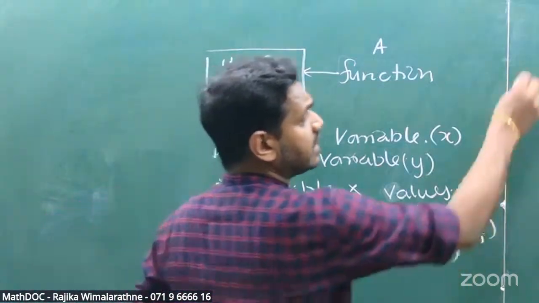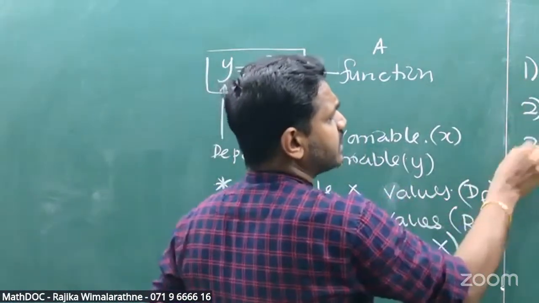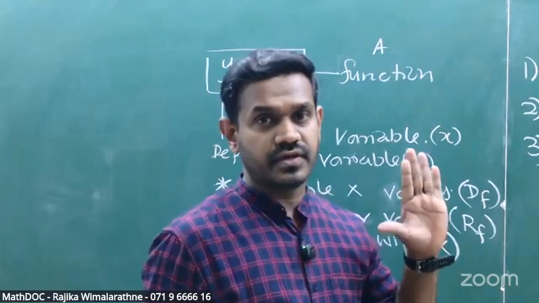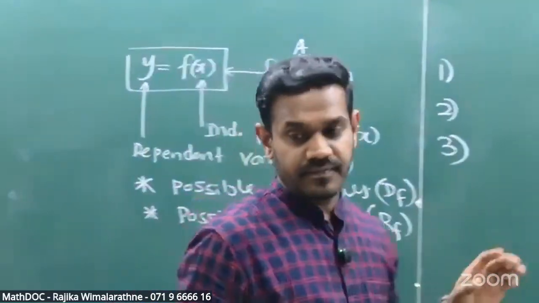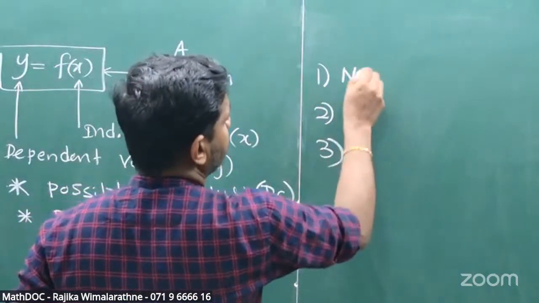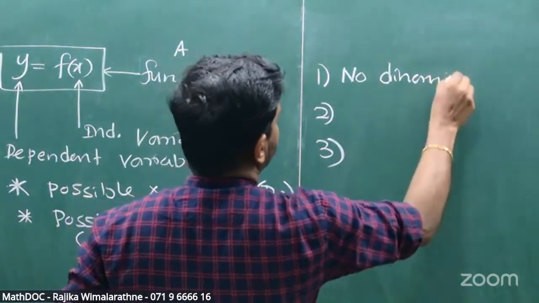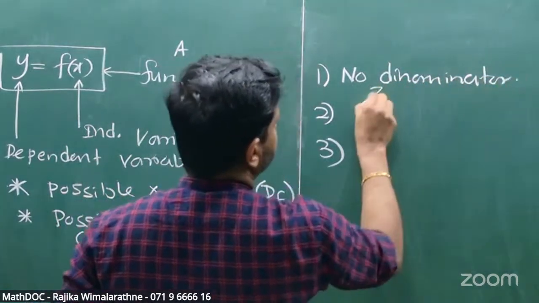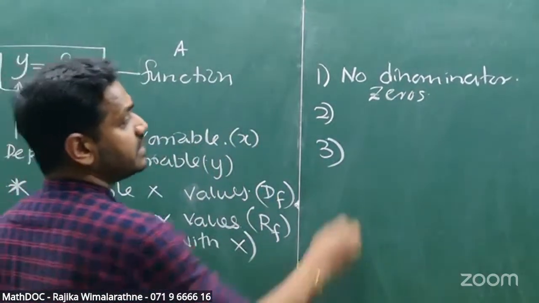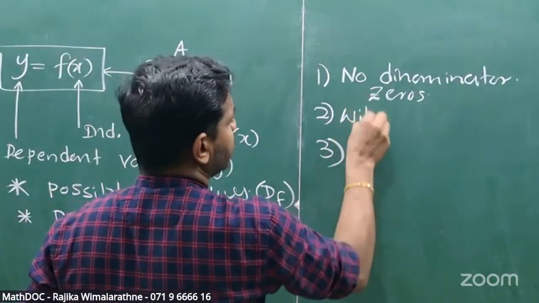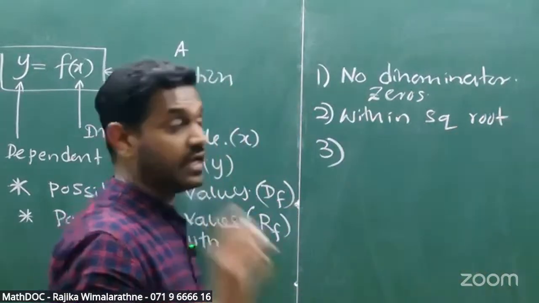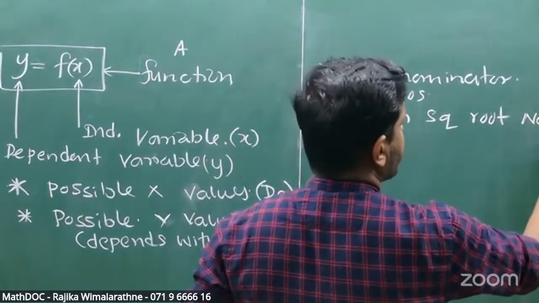Here we have three conditions to discuss. One thing: no denominator zeros. Another: within a square root, non-negative.